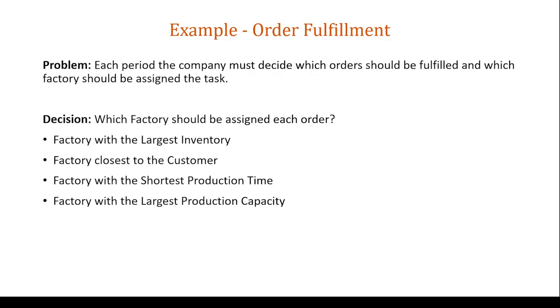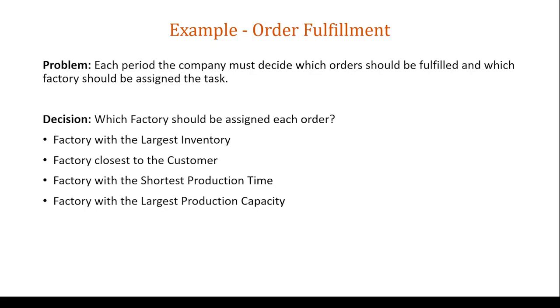of a case study. So in this example, a company must fulfill a set of orders using its set of factories. Each period, it must decide which orders should be fulfilled and which factory should be assigned to each order. I have listed here a few of the many possible options for predetermined rules.